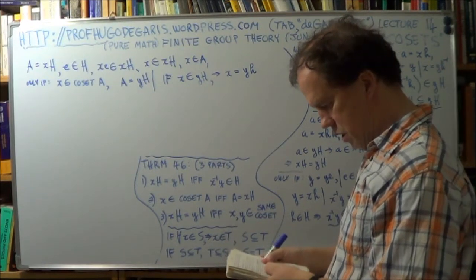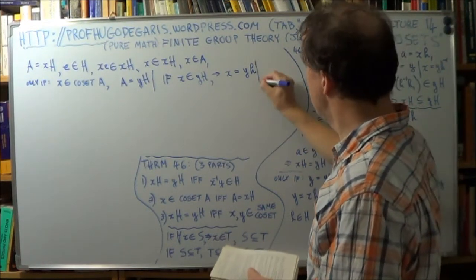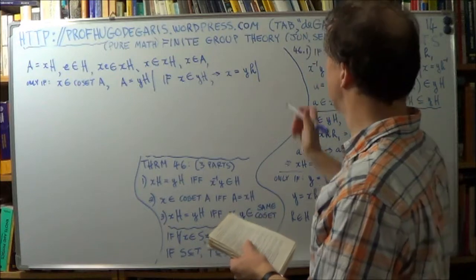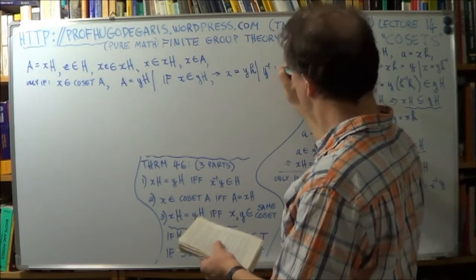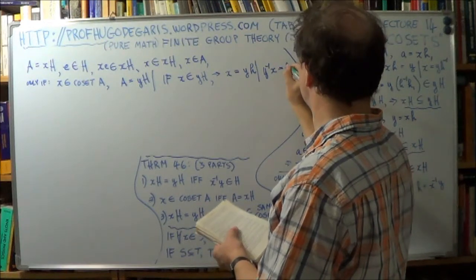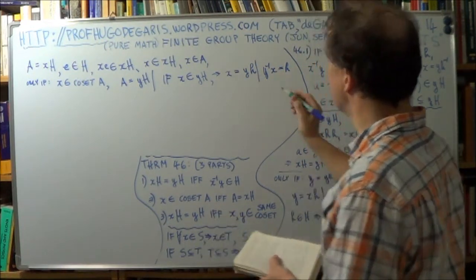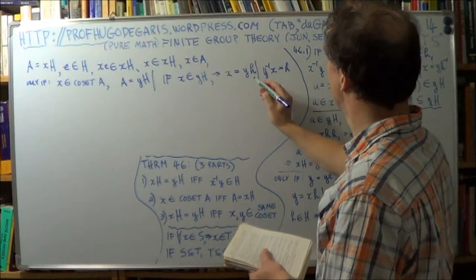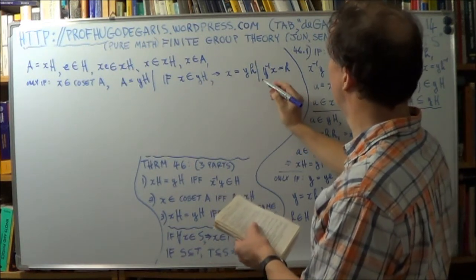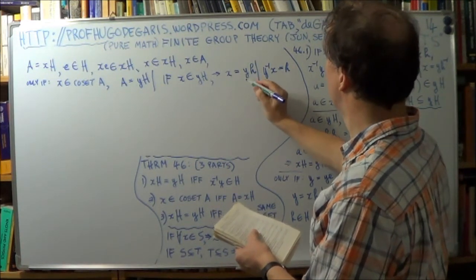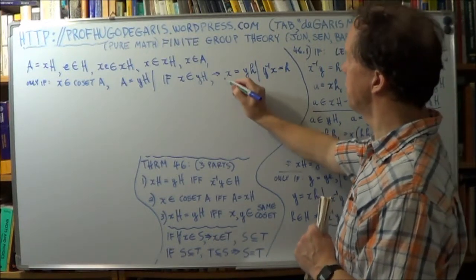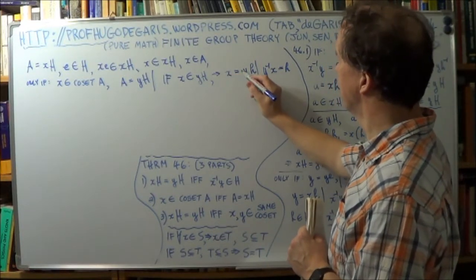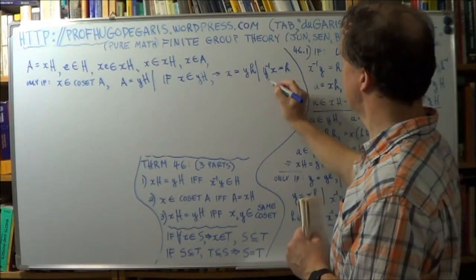All right. Now, if that's true, we can rewrite that. So y inverse x equals h. Let's just rewrite this slightly. Why is that obvious? Yeah, so just pre-multiply both sides by y inverse. So you get y inverse x, y inverse y, that's e, just leaves you h, so that's true.